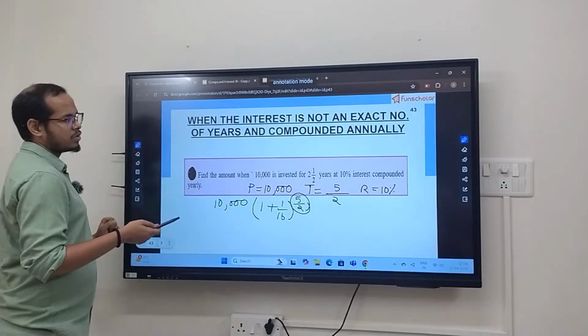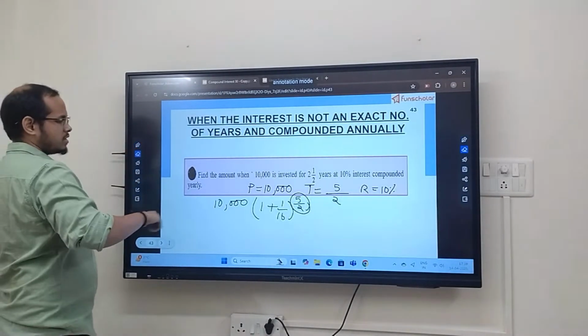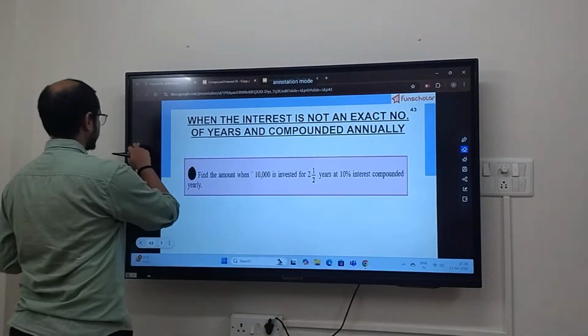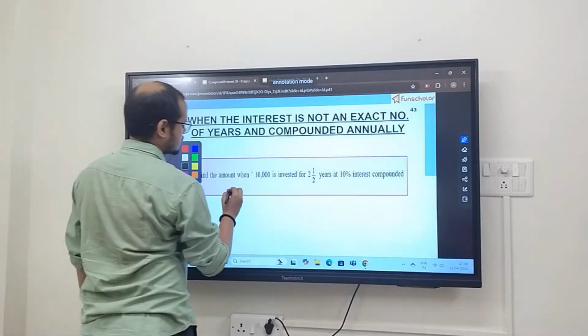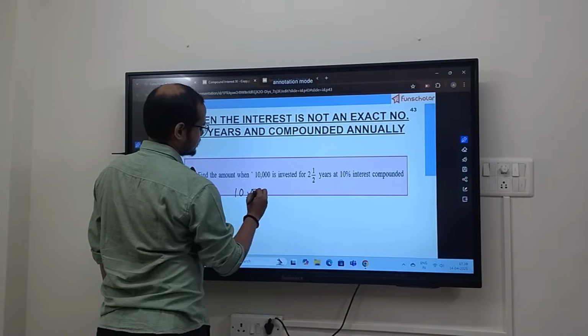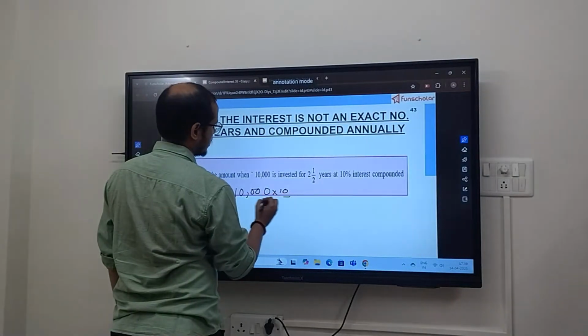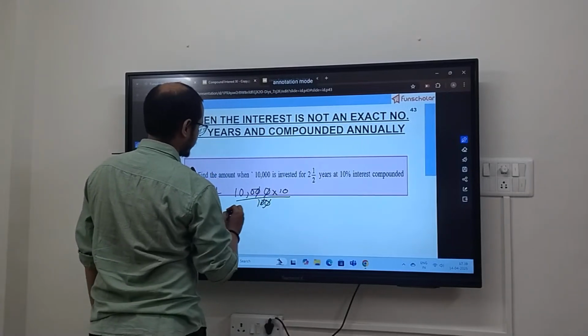I would advise you not to solve it directly, because it will be very huge, this particular type of sums. Let us solve it like this. So 10,000, first year, 10,000 into 10%. The first is going to give us 1,000.